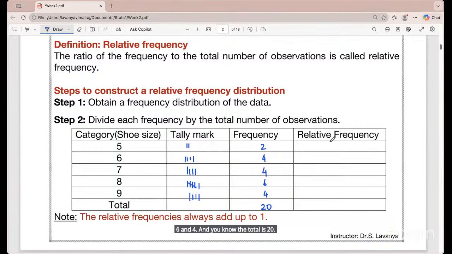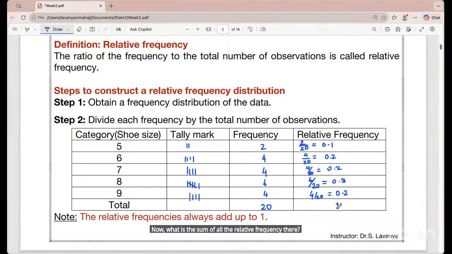So it would be 2 by 20, which is 0.1. Then 4 by 20 is 0.2. Again 4 by 20 is 0.2. And 6 by 20 is 0.3. And again 4 by 20 is 0.2. Now what is the sum of all the relative frequencies?